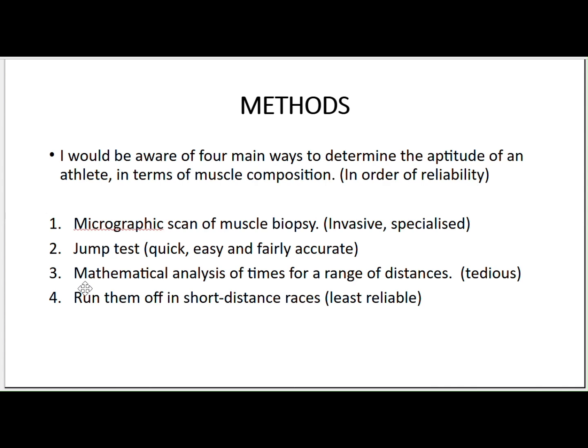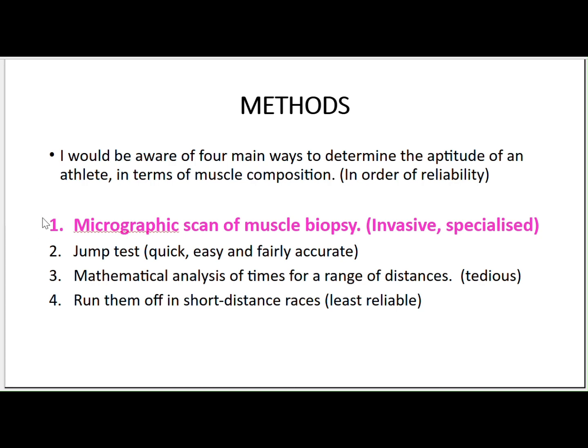Now, methods. I would be aware of 4 main ways to determine the aptitude of an athlete in terms of muscle composition, and I've put these here in order of reliability. So the first one, the best one, is a micrographic scan of a muscle biopsy. It is invasive and it's very specialised.